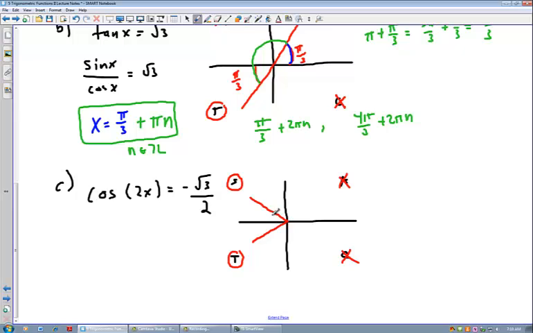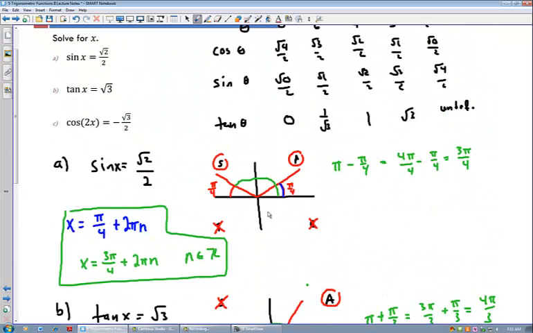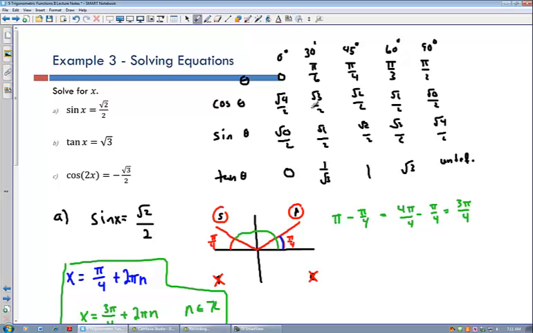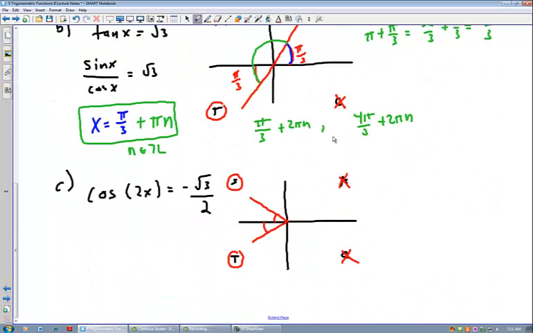And I just have to figure out these two reference angles, so the angle here and the angle there. So the way this works, you go up and see when is the cosine root 3 over 2, and that's going to give you your reference angle. So root 3 over 2, it's pi over 6. So these are both from the x-axis here. This is pi over 6. And this is also pi over 6. And to find my answer, I need to find this angle. Find this, what we call standard form.